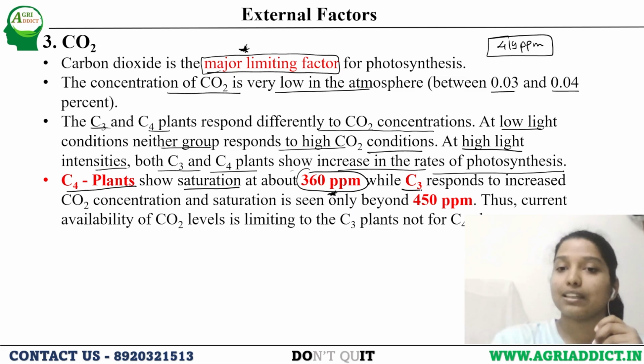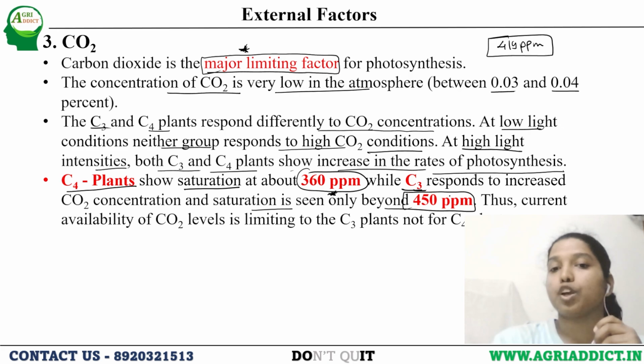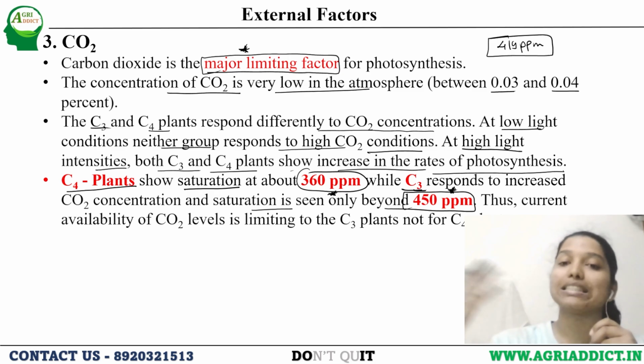Whereas in case of C3, they respond to increased carbon dioxide concentration, and saturation is seen only beyond 450 ppm. So they require a high concentration of CO2, that is 450 ppm, to get a saturation level or a maximum photosynthetic rate.